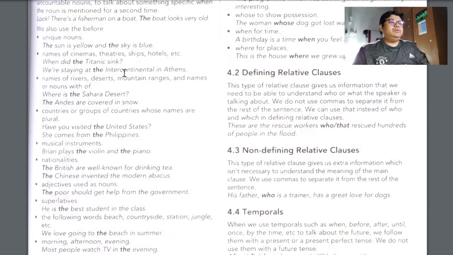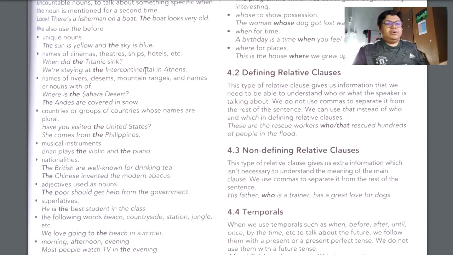okey, kita juga menggunakan artikel the untuk satu unique noun. Unique noun ni maksudnya noun yang unik lah, yang khas, yang special. Contohnya macam the sun. Okay, kenapa dia unik? Because there's only one sun. Okay, the sun is yellow, the sky is blue. There's only one sky. Contohnya the table in the room, contohnya.